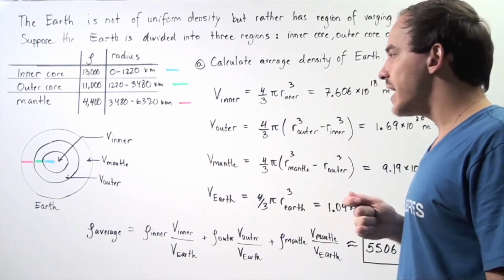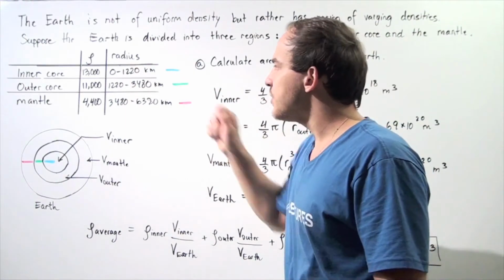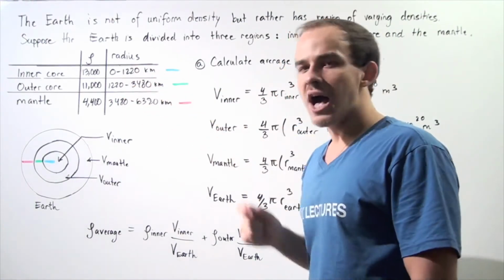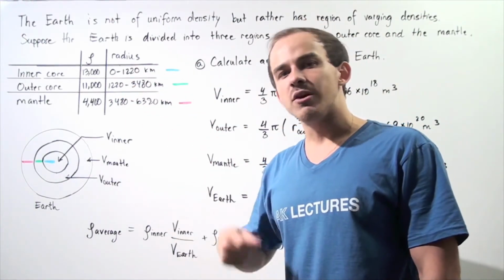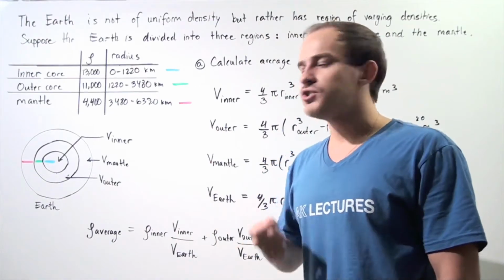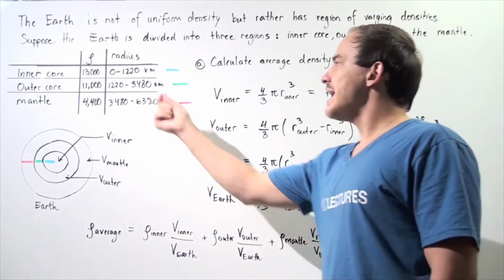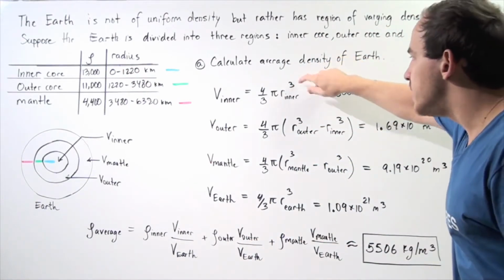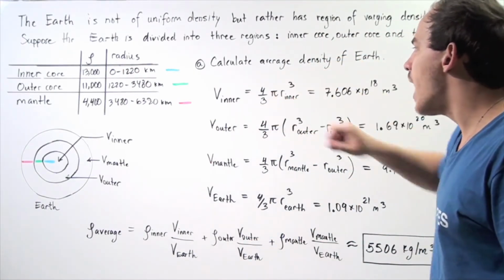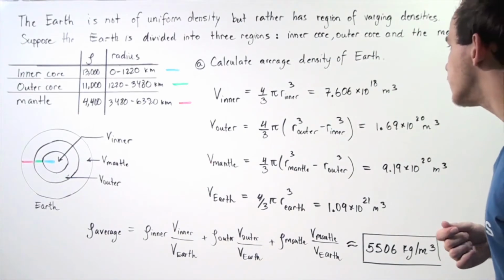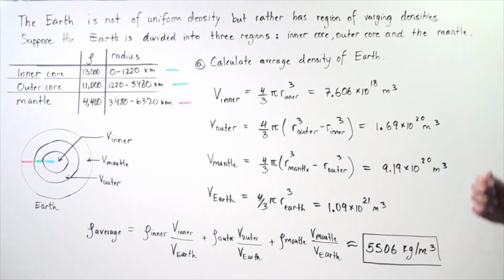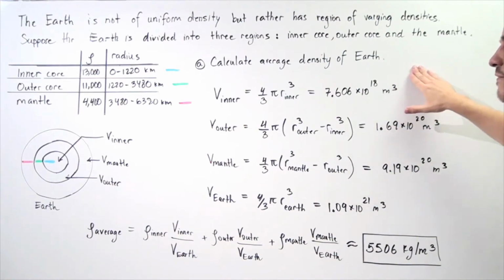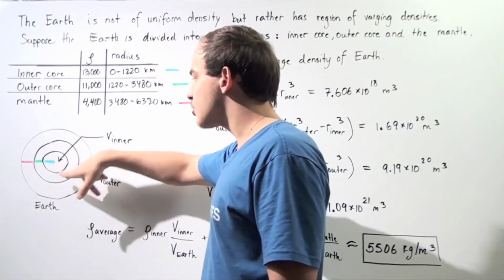Now the radius of the inner core is simply 1,220 kilometers multiplied by 1,000 because we want to use meters. So we take this quantity, multiply that by 1,000, we cube it, multiply by 4/3 pi, and we get approximately 7.606 times 10 to the 18 meters cubed is the volume of this inner core.